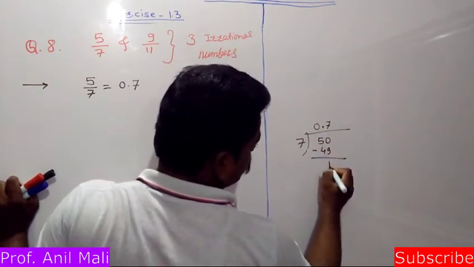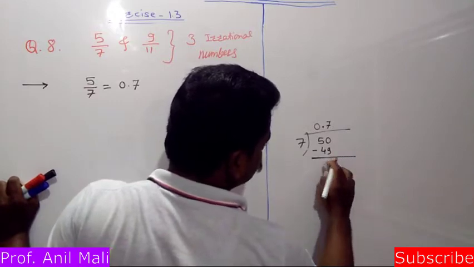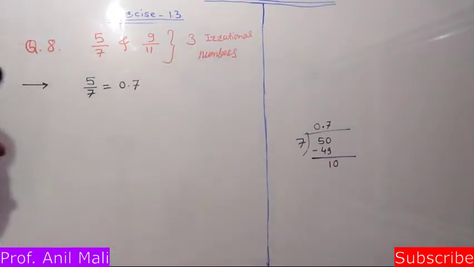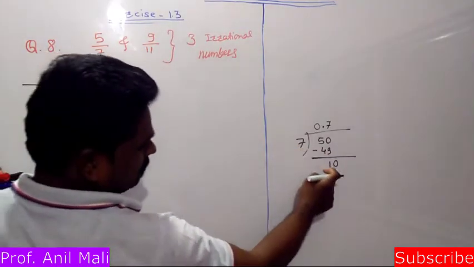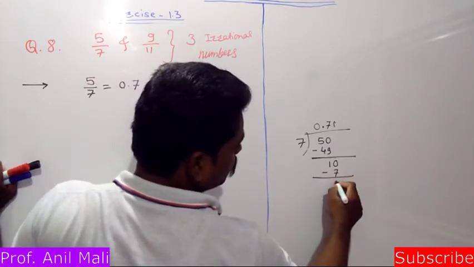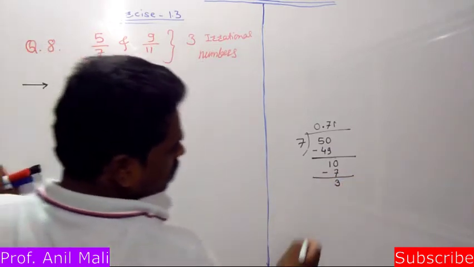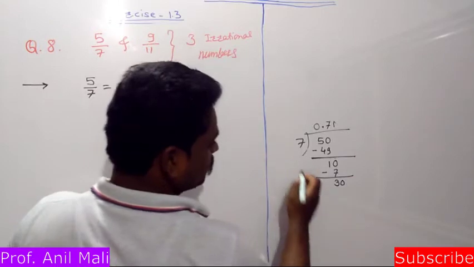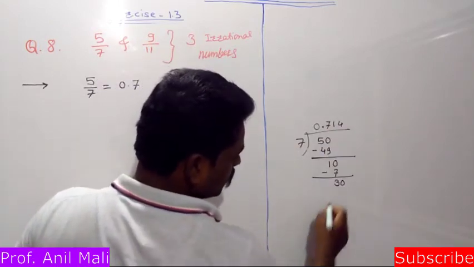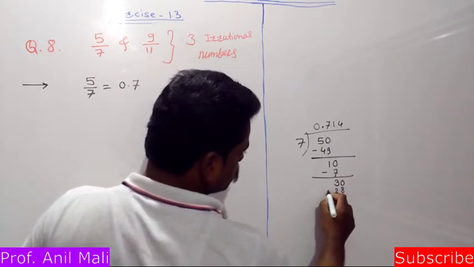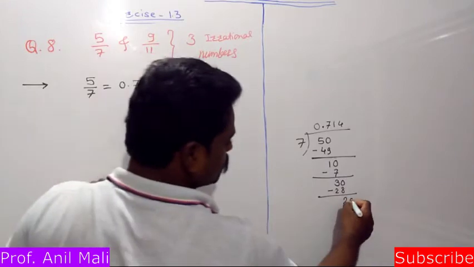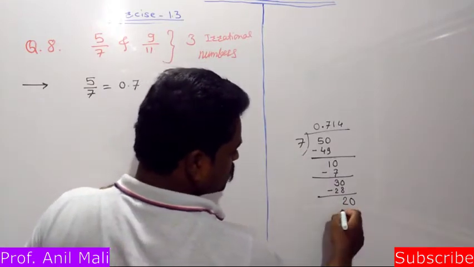Deduct it. We are left with only 1. No problem. Now 1 is not divisible by 7. Take 0. Now 7 ones are 7. Deduct it. We are left with 3 only. Then it becomes 30. 7 fours are 28. We deduct it, so we are left with only 2. Take one more 0. 7 twos are 14.